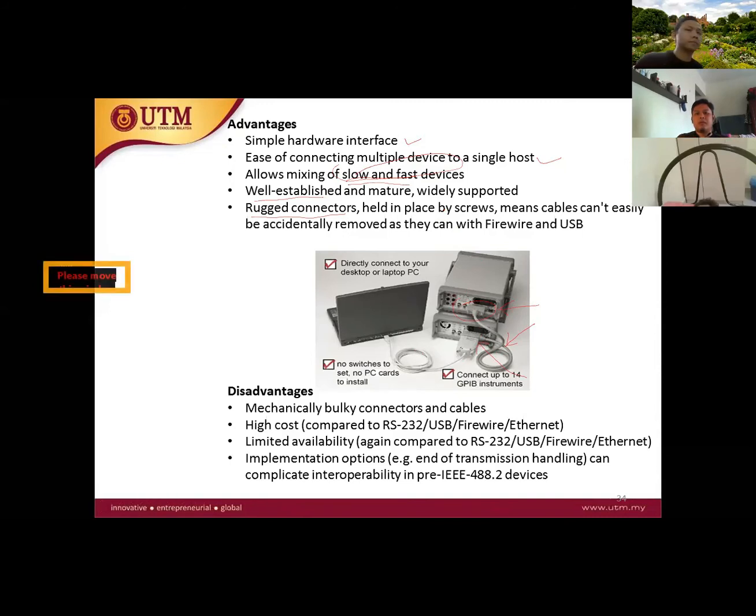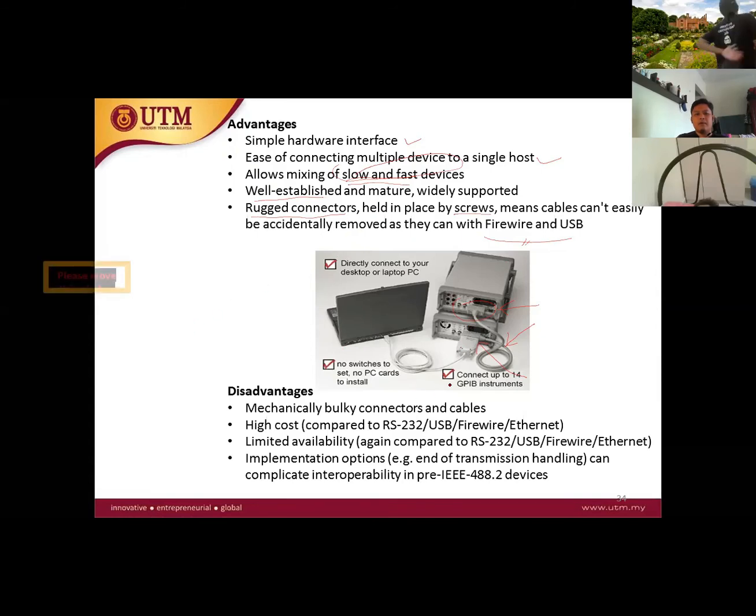You can secure the connection using screws, so it cannot easily be removed like FireWire or USB. There is a screw you have to unscrew before you can pull out the cable.